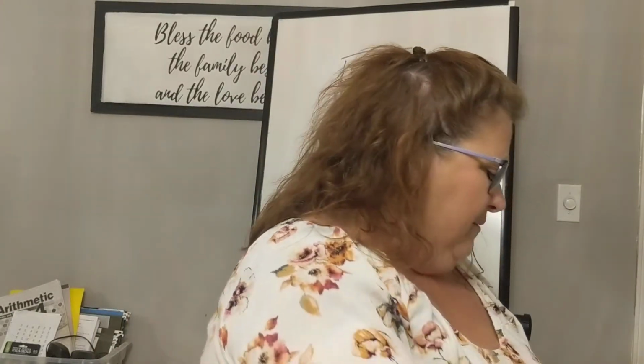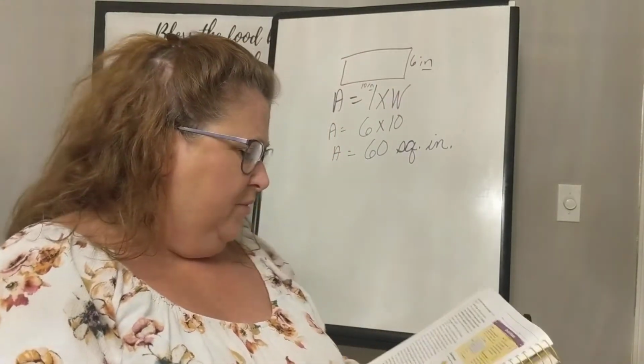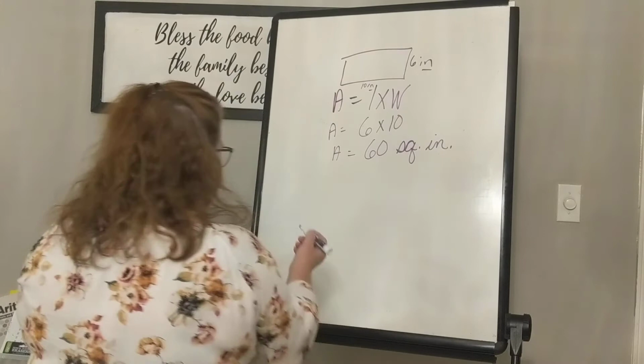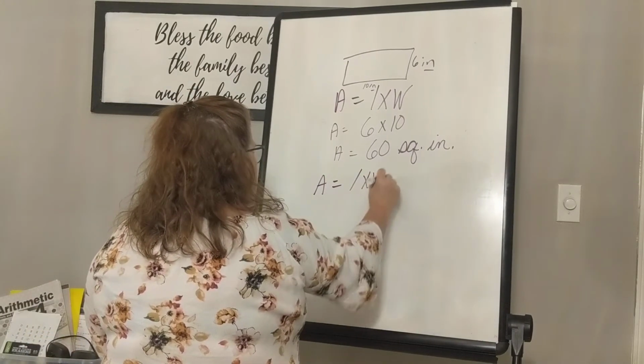Look at section 2. It says use the formula to find the area of the rectangles having these dimensions. Remember, area is always square units. So if we have a length of 7 yards, I'm on letter A, guys, 2A. If we have the length of 7 yards and the width of 5, our formula is area equals length times width.